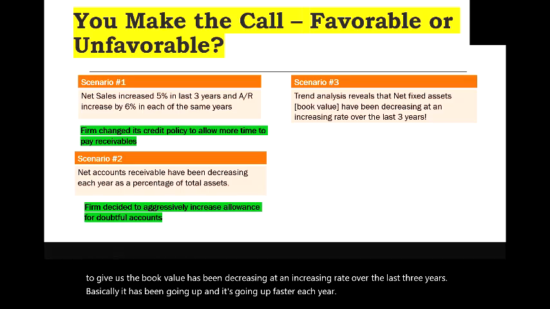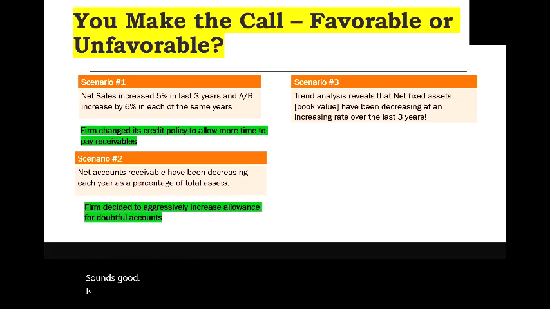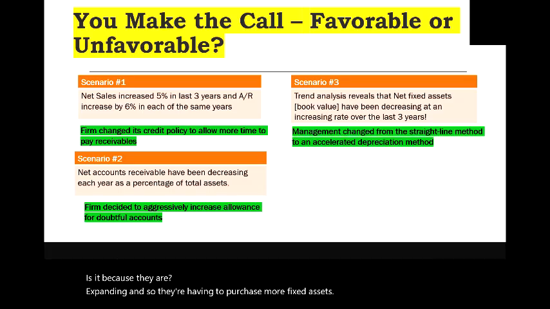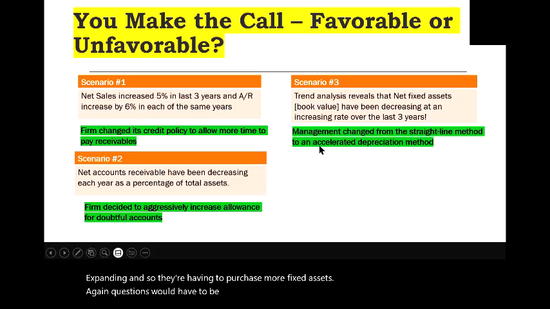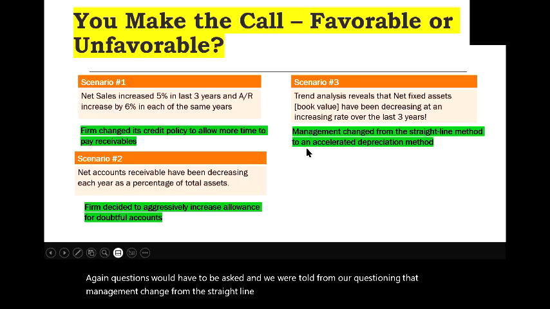Sounds good? Is it because they are expanding and so they're having to purchase more fixed assets? Again, questions would have to be asked. And we were told from our questioning that management changed from the straight line method to an accelerated depreciation method.